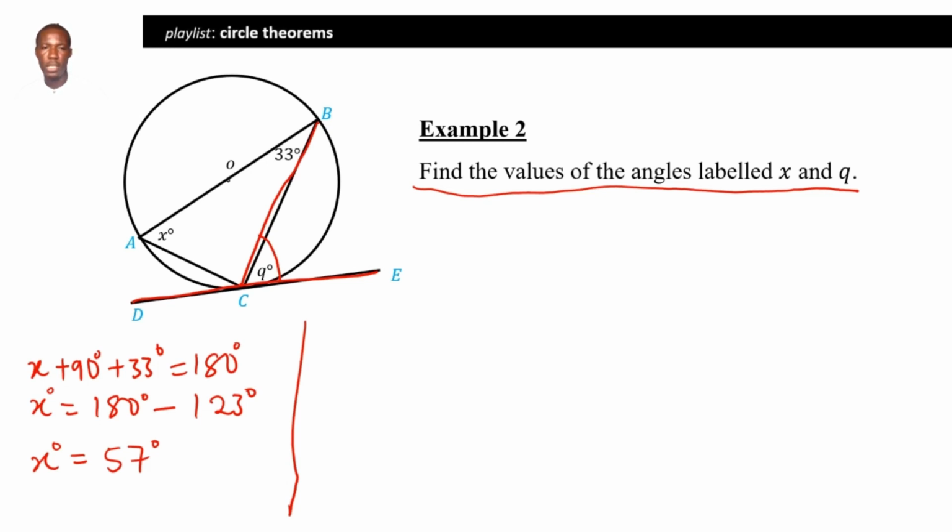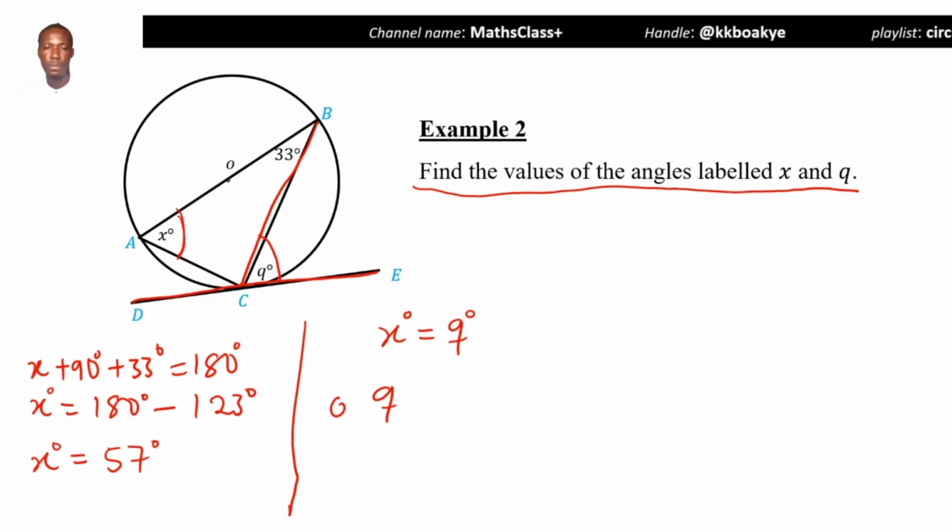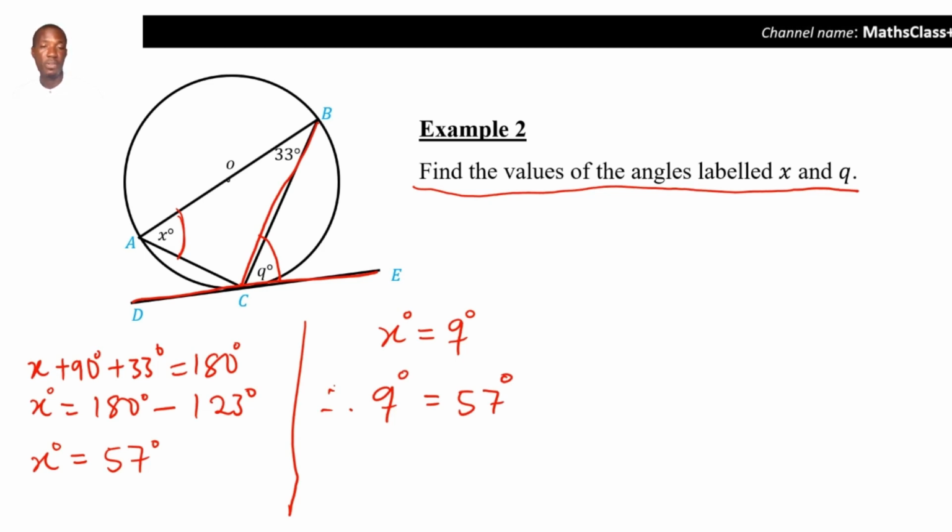So the same chord BC subtending an angle at A. That angle is angle X. And so we have S degrees being equal to Q degrees. We know X to be 57, therefore our Q is equal to 57 degrees.